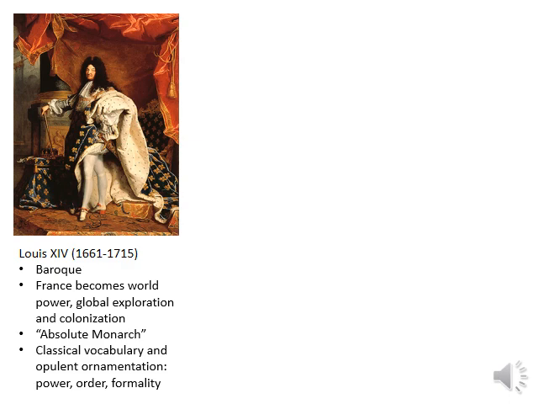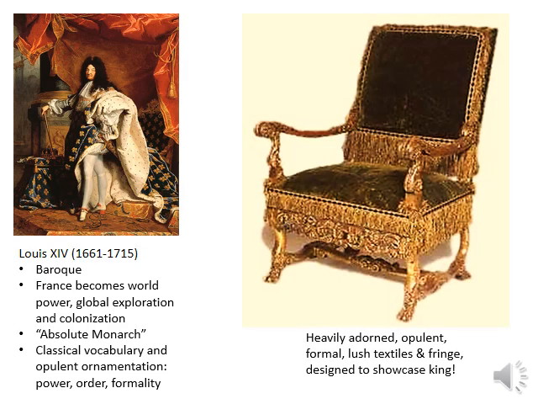When we look at the interior design and the furnishings from his period, he uses very much this classical vocabulary and opulent ornamentation. Everything about his furnishings, his interiors, his decorative arts, his textiles was designed to establish his power, order. It's very formal.